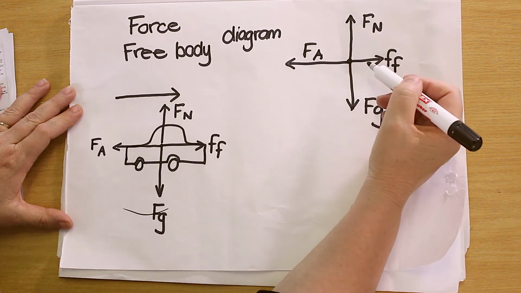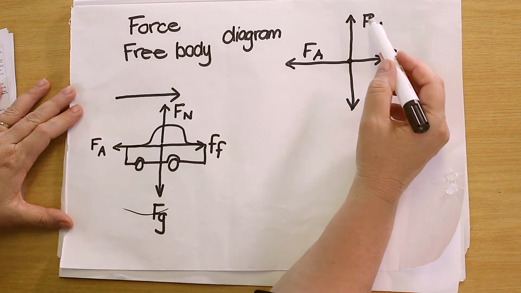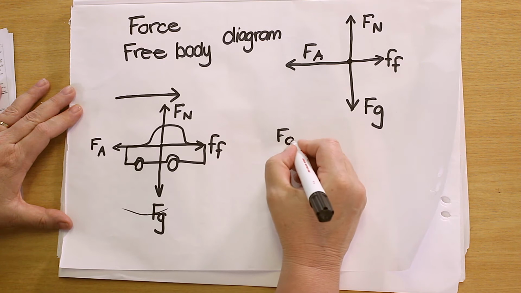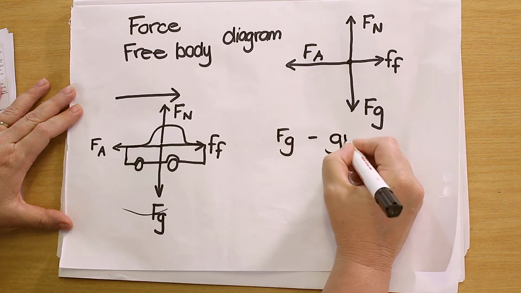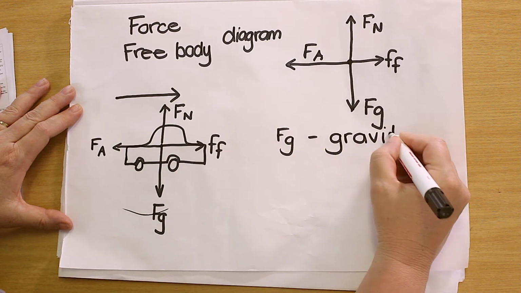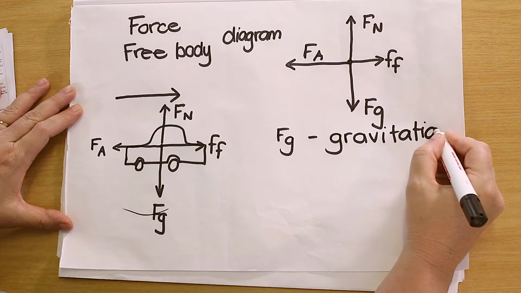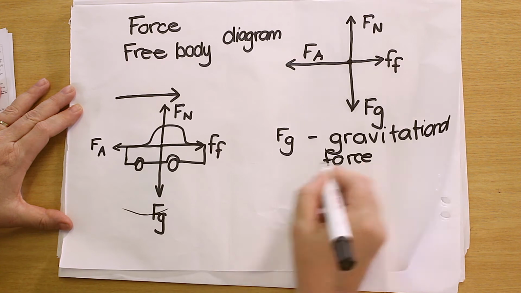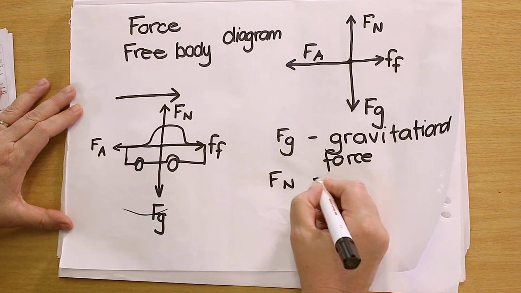When you draw a free body diagram, please ensure that you label all your vectors. Fg will be your gravitational force. Fn indicates your normal force.